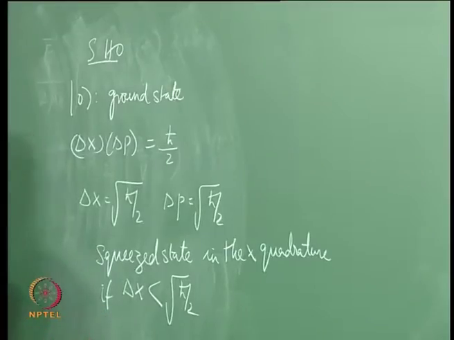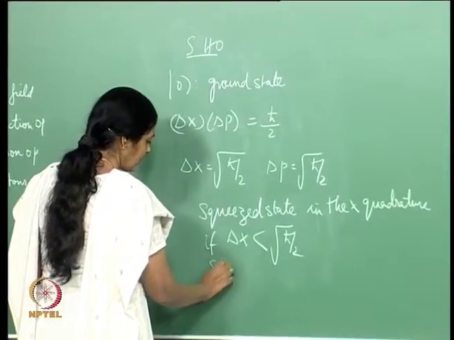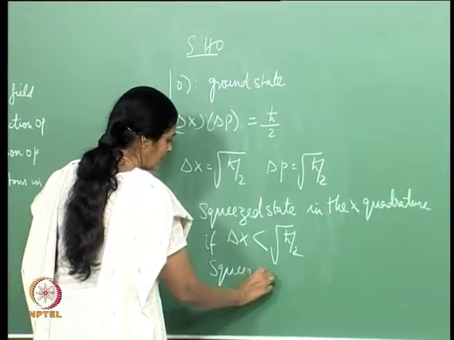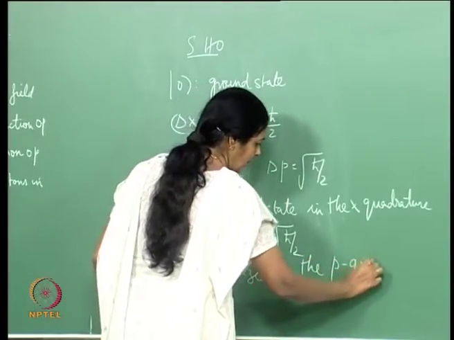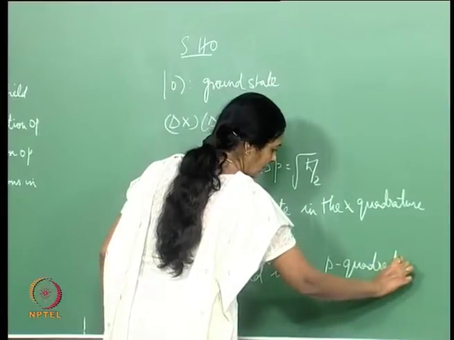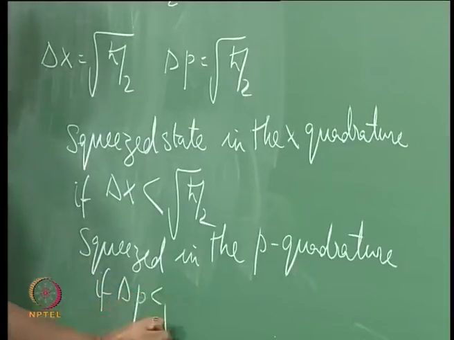It is a squeezed state in the p quadrature if delta p is less than root of h cross by 2.